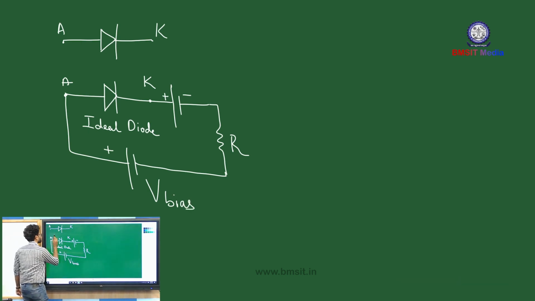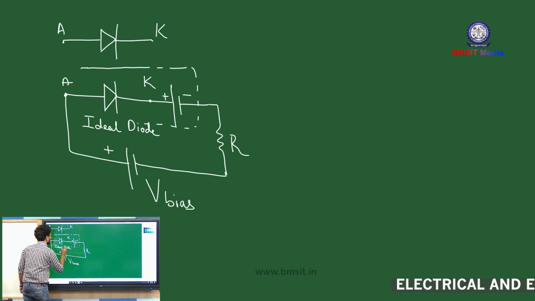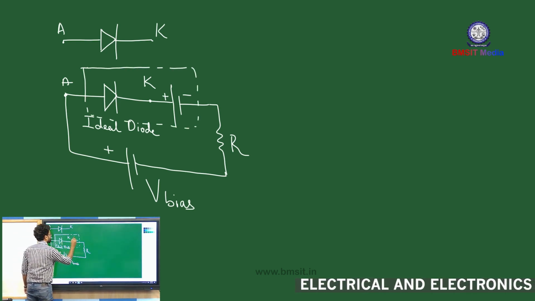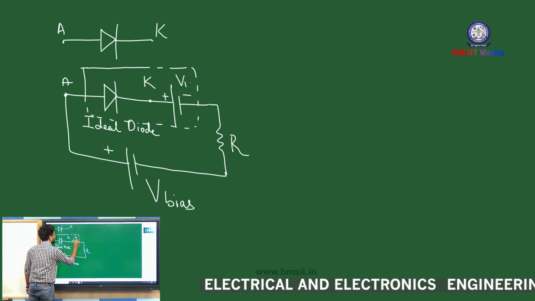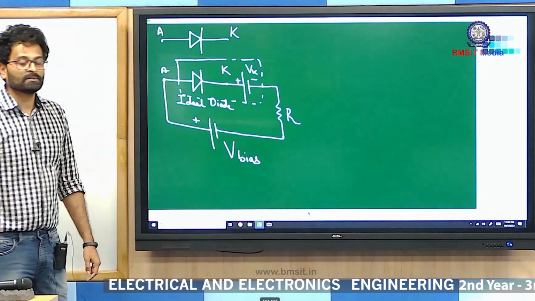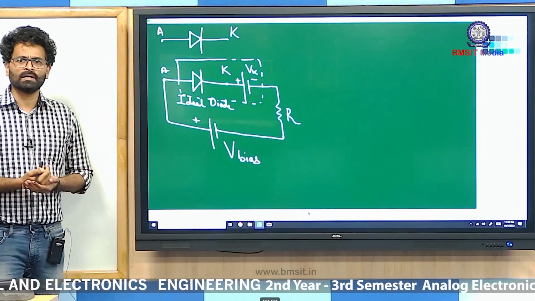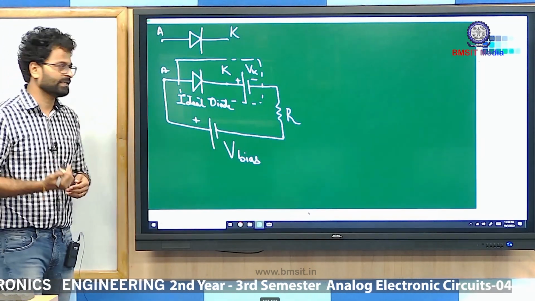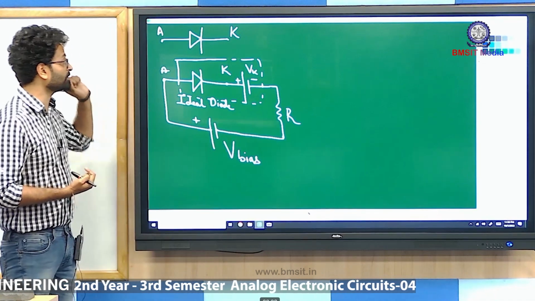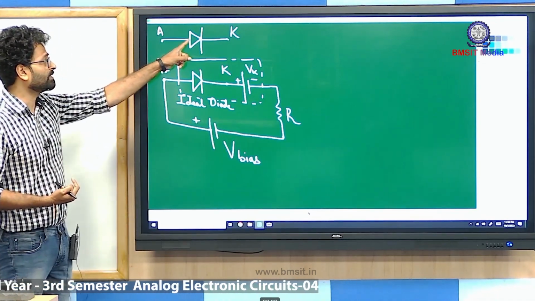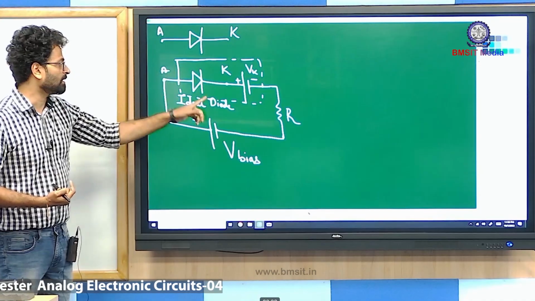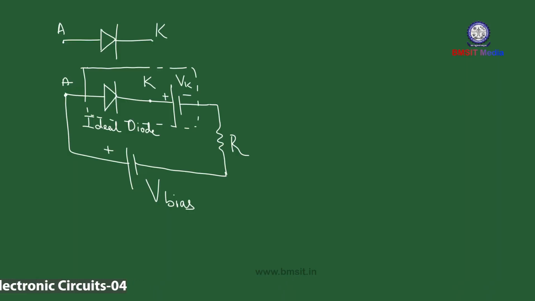So this is your first approximate model. So whenever we come across practical diode based analysis, we are going to replace the diode symbol with this equivalent circuit. Okay. So this is for forward biasing mode.